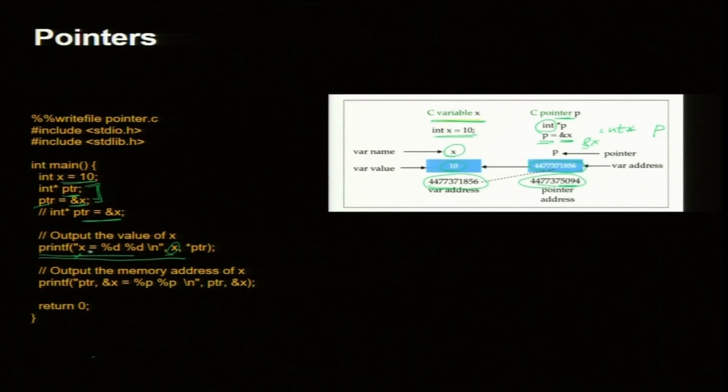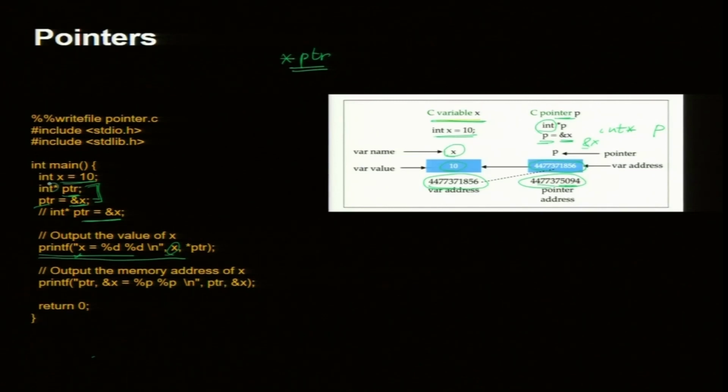So printf is printing x, but with the pointer, suppose I give the pointer and want to print x, what should I do? There is an operator called star. Star acts on a pointer and gives you the value stored at the pointer.